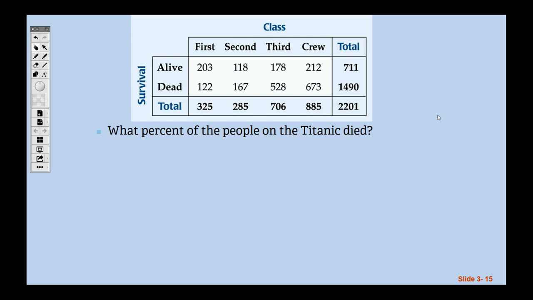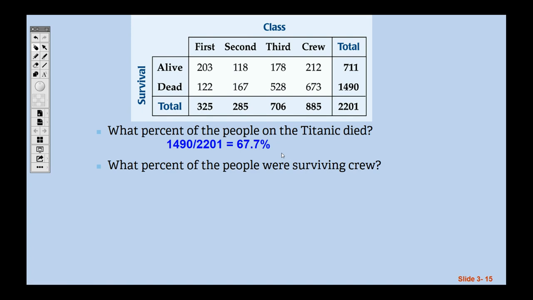Died is 1490 out of all the people, 2201, and we get 67.7%. What percent of the people, again out of 2201, were surviving crew, alive crew? So I have 212 out of the 2201, which is 9.6%.